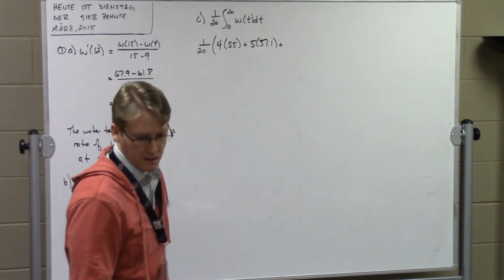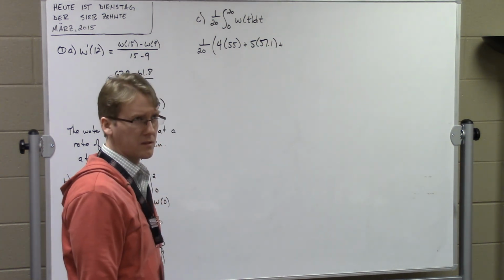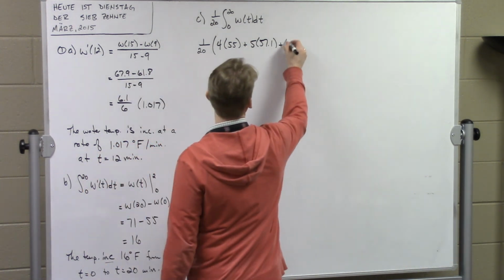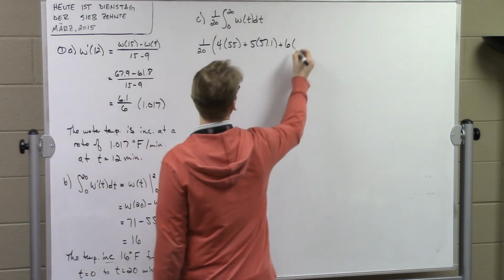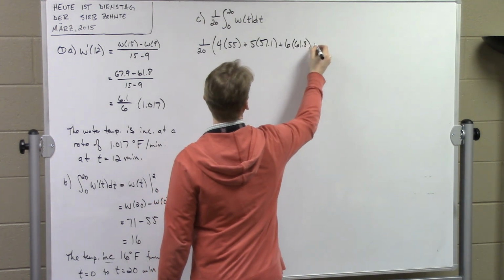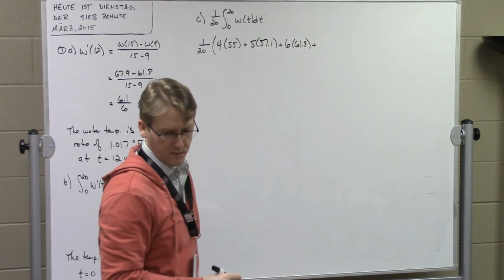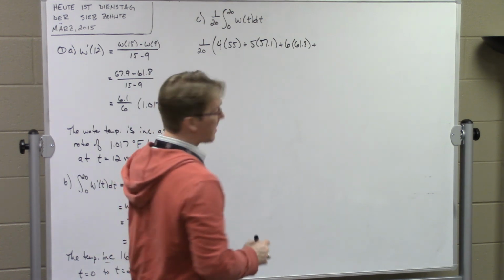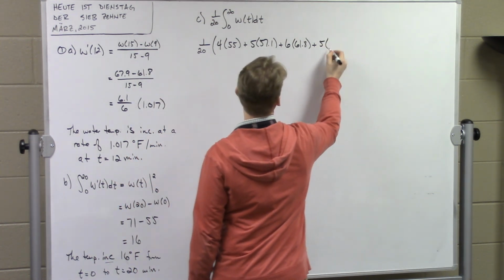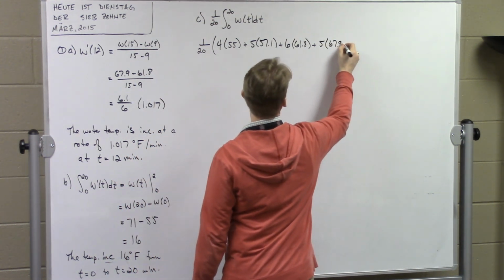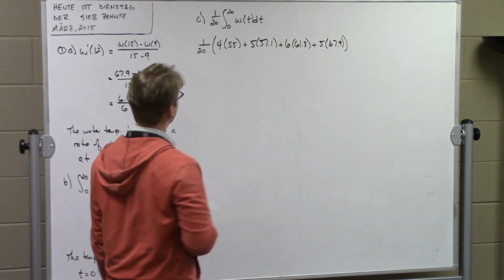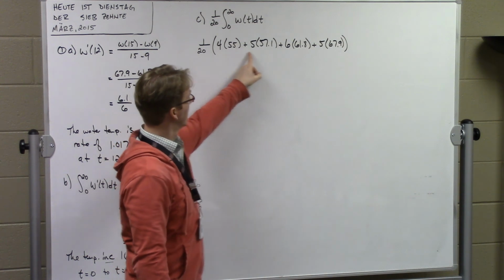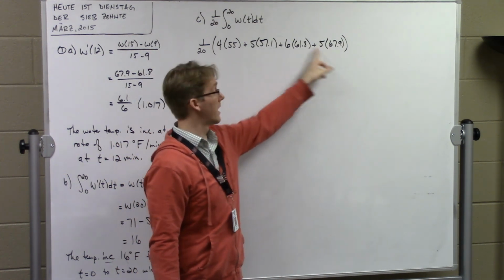Number 3 goes from 9 to 15, which is 6, and the left side is 61.8. And number 4 goes from 15 to 20, which is 5, and the left side is 67.9.